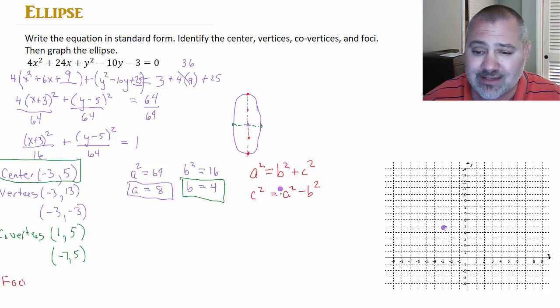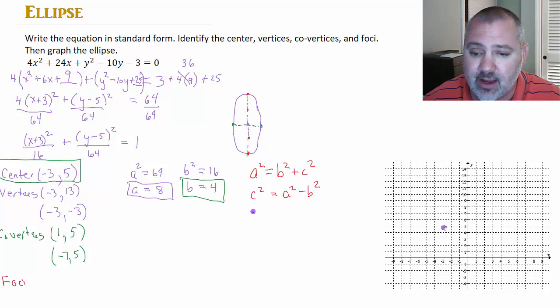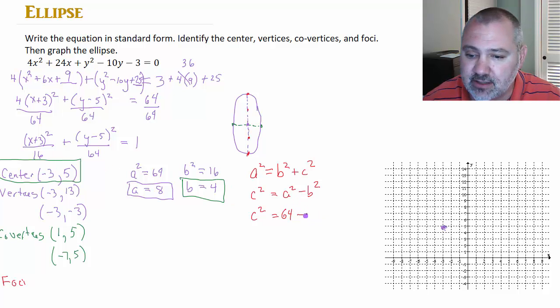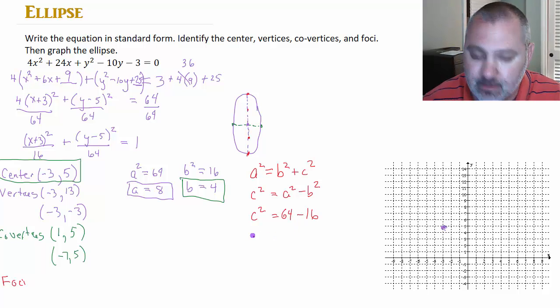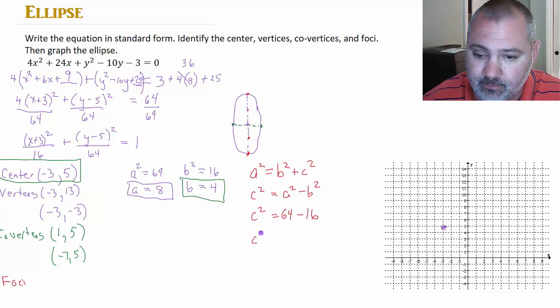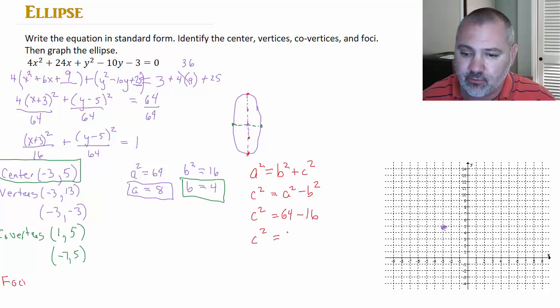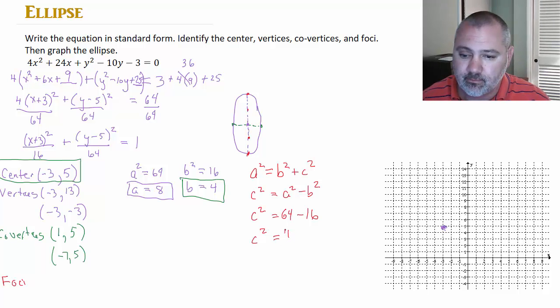In this case, it makes a little bit more sense to use this one because we already know a squared and b squared. c squared equals a squared, which is 64, minus b squared, which is 16. So c squared equals 48, which means c equals 4 square roots of 3.